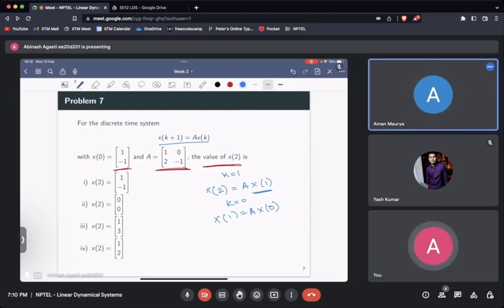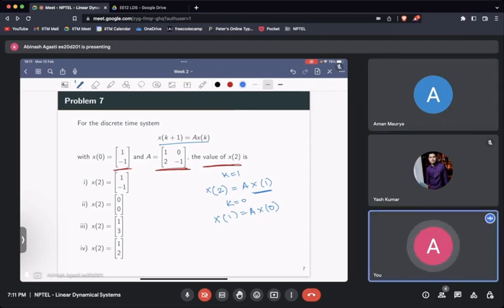Option number one, is it? Yes, have you tried it out? So Aman says the answer is one. Do you have any other option? Any other solution?